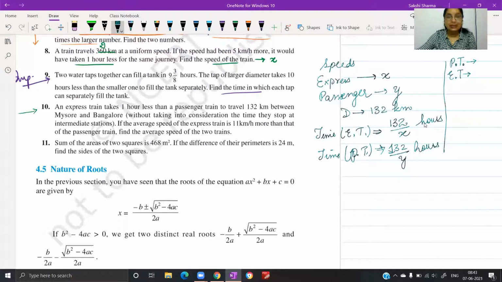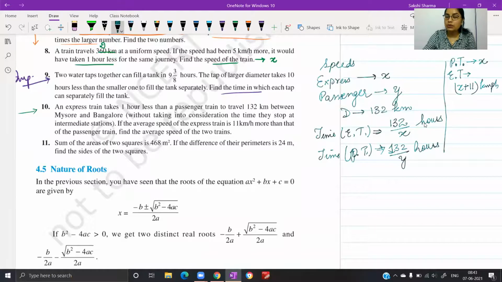For the passenger train, you can take the speed as X kilometers per hour. For the express train, it will be X plus 11 kilometers per hour. And then you can find out the time taken and form your equation.